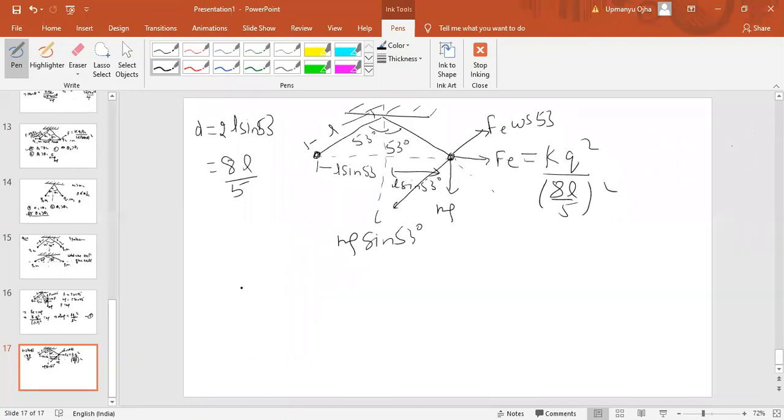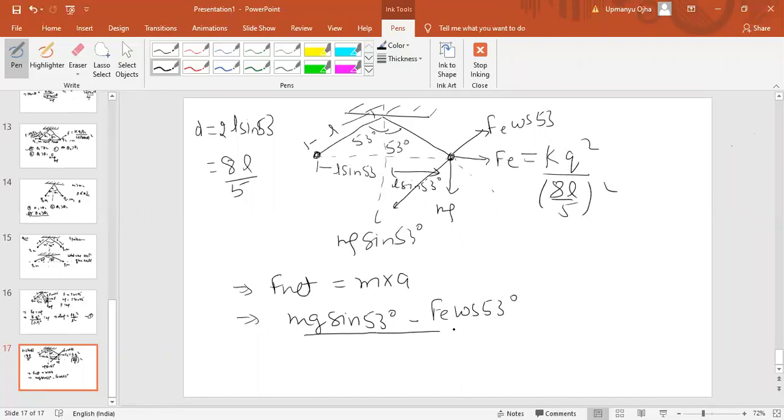So if we apply Newton's second law here, the net force should be equal to mass into acceleration of the ball. What is the net force? Net force is mg sine 53 degree minus Fe cos 53 degree, and that must be equal to the mass of the ball, that is m, into the tangential acceleration.